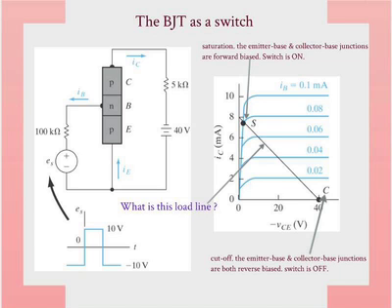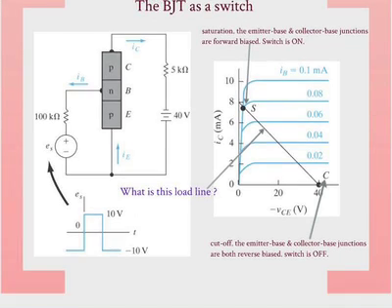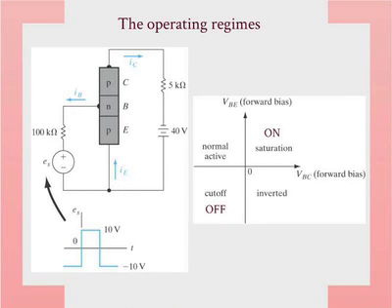Okay, so we can summarize the operating regimes of a BJT in a very simple diagram. And this is basically the take-home that you want to take away from Chapter 7. Of course you need to understand quantitatively, but this is basically the picture.